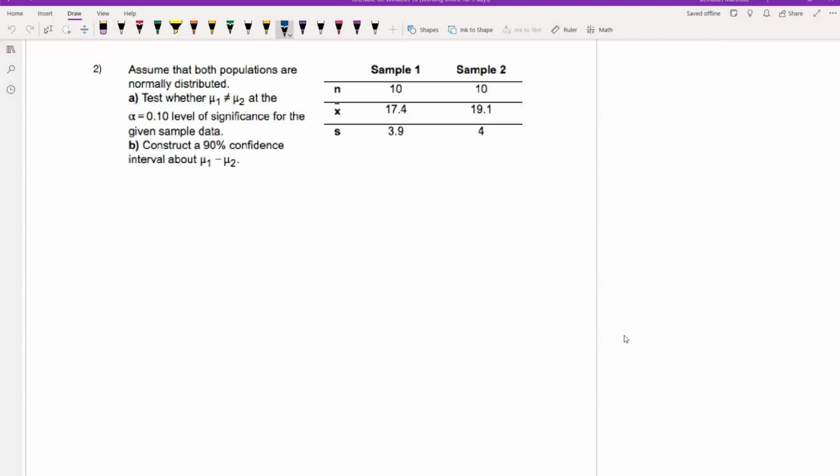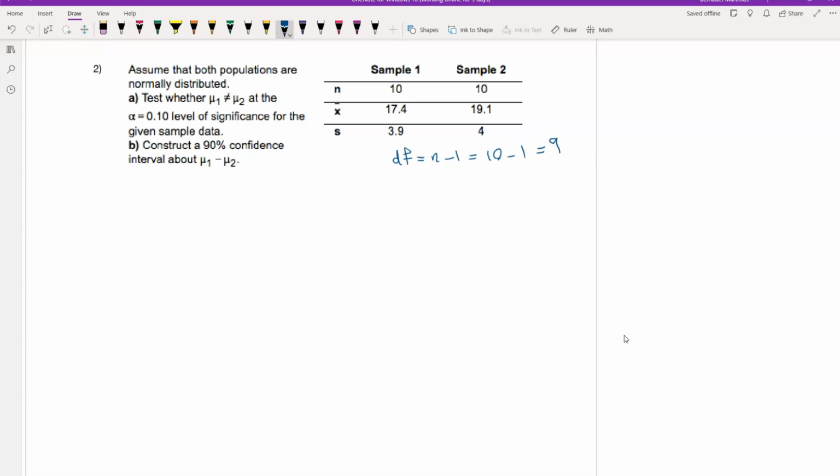In this case we have to find the degree of freedom, so we have to use the smaller sample size. It doesn't matter which one because we have the same numbers. So the degree of freedom is 10 minus 1, and that is 9.